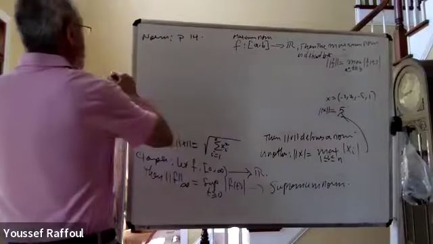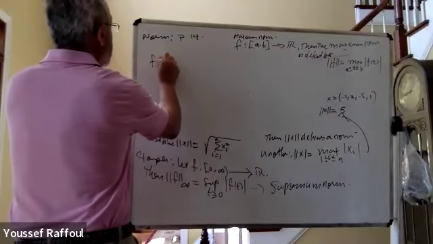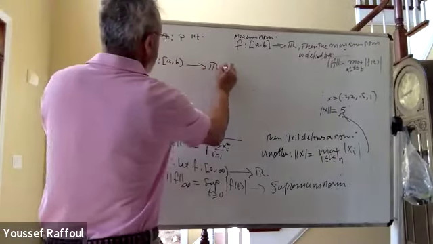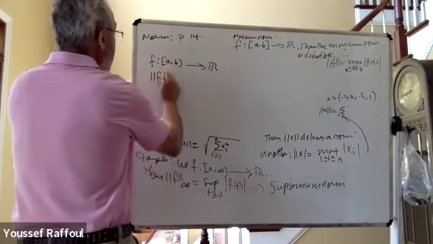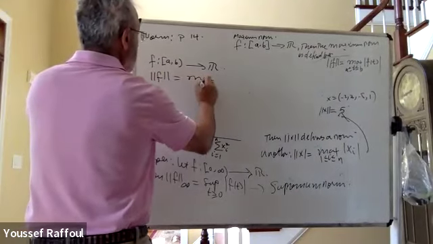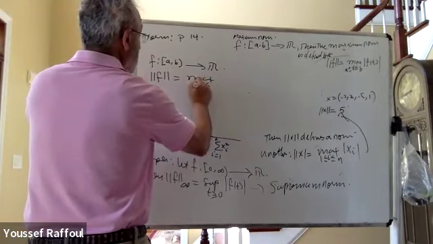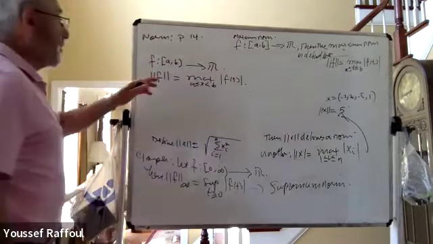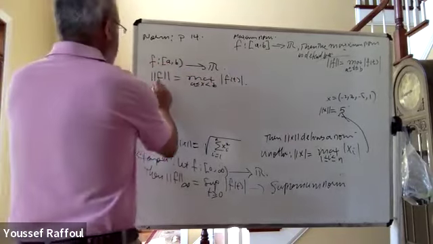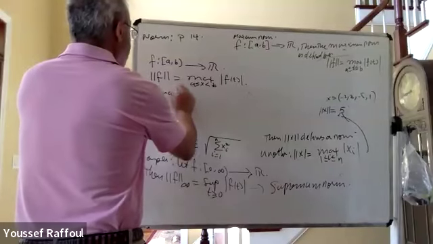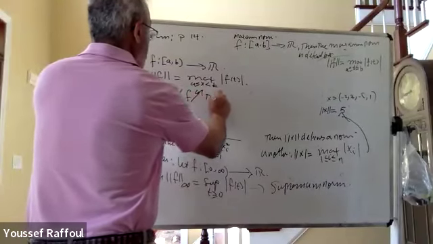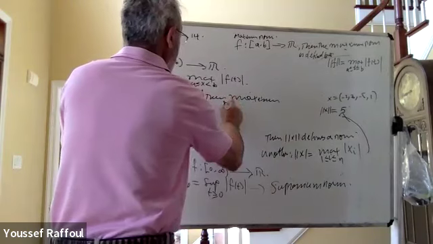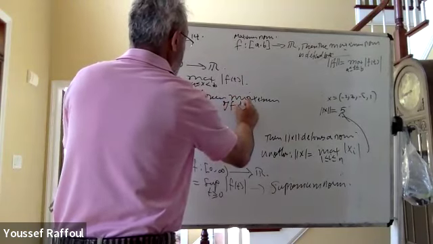For example, if you have f a function from (a, b), an open interval in R, you're not going to say f is a maximum over t between a and b of f of t, because if f is increasing, then the maximum of f does not exist.